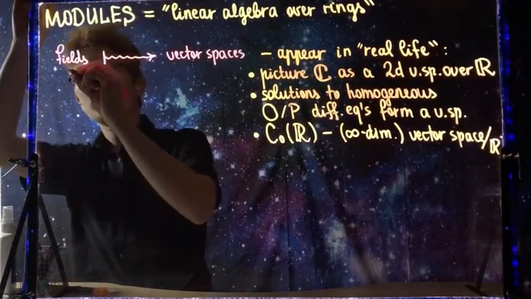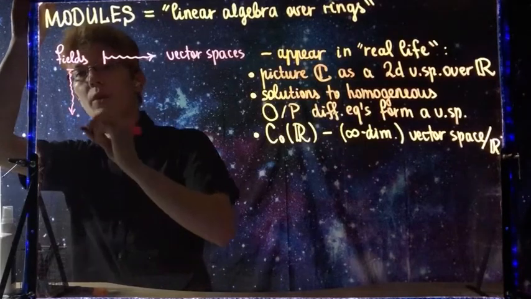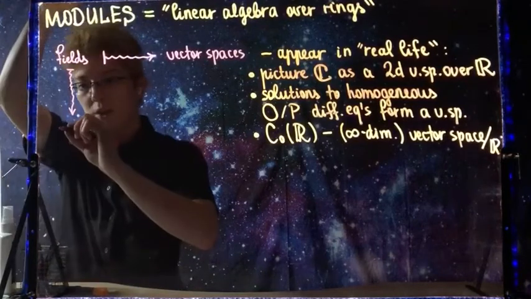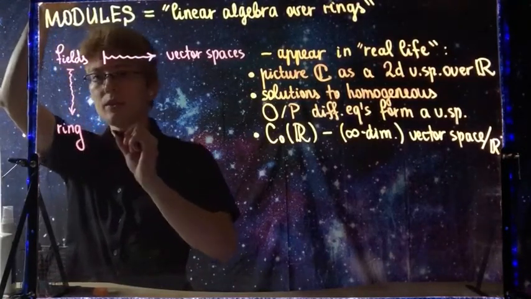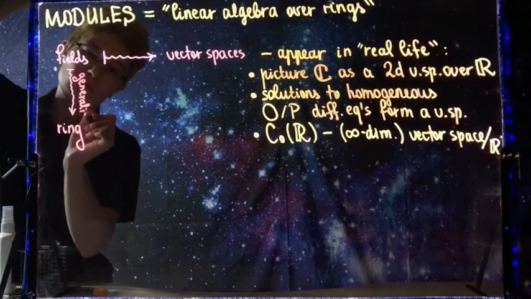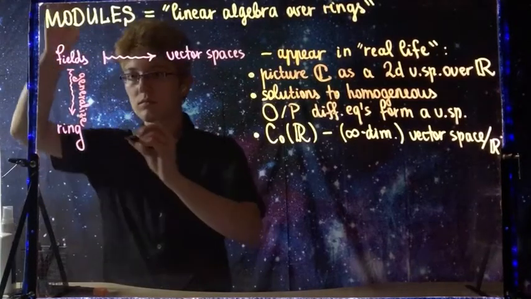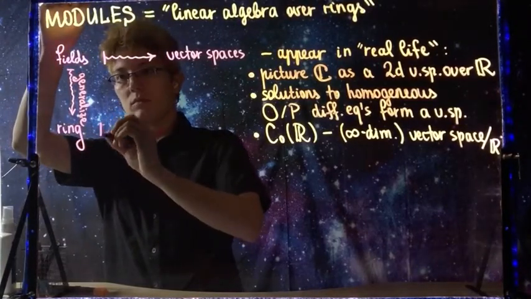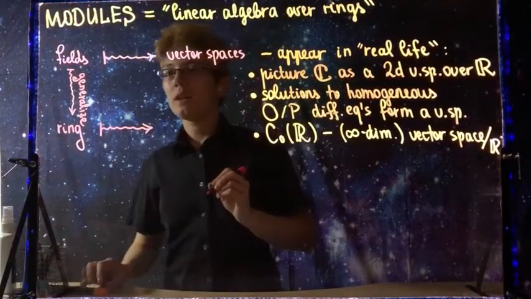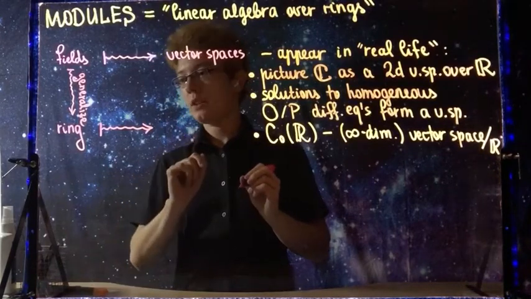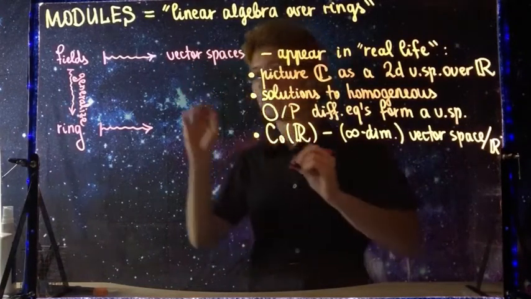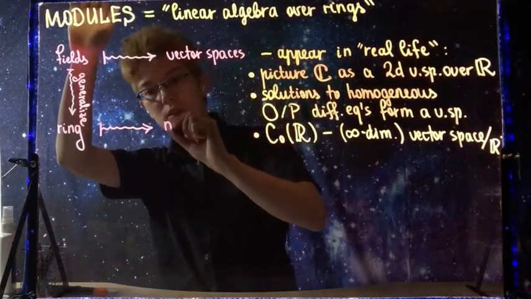We spent the last month generalizing fields to rings and setting up ring theory. And I want to say that modules are very similar objects to vector spaces, or at least they have a very similar definition.